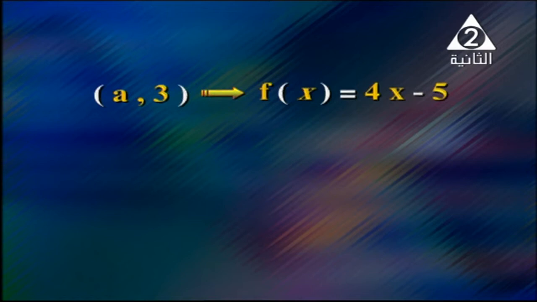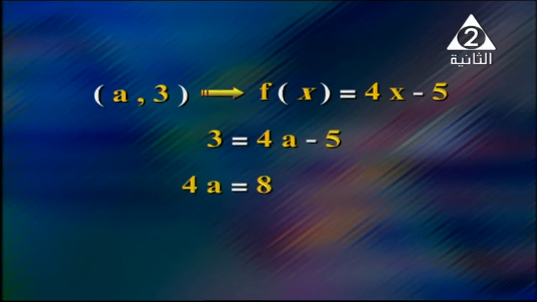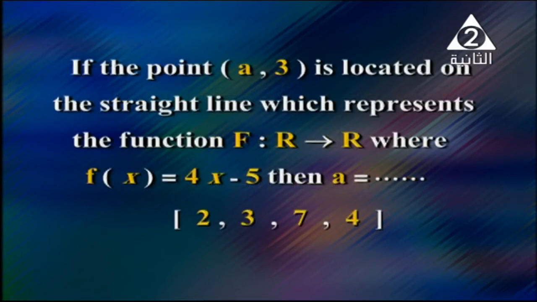What about f(x)? It's y. So by substituting for the value of y as 3, and for x by a, 3 equals 4a minus 5. In this case, we can say that 4a equals 8. And finally, we can find the value of a as 2, which is the first choice.